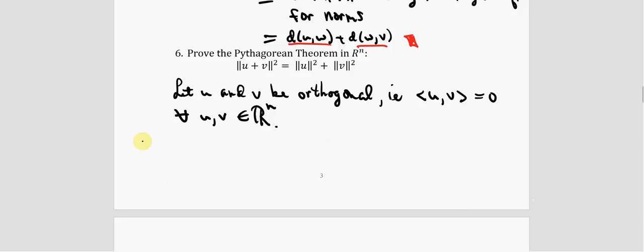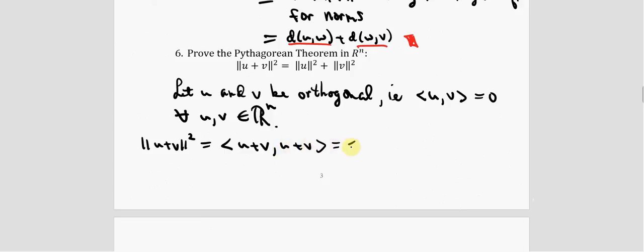So then, if that's the case, we start with the norm of u plus v squared. Well, you know that this is the same thing as the inner product of u plus v with itself.